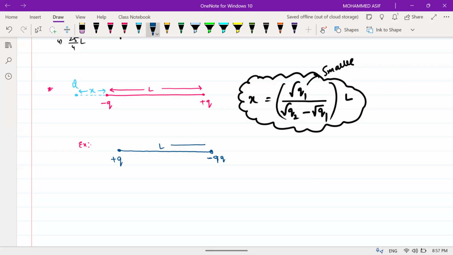Distance between them is L. Tell me what is the smaller charge here? Minus 9q. Smaller is what, plus q or minus 9q? Minus 9q. How? Because it is having a negative charge.